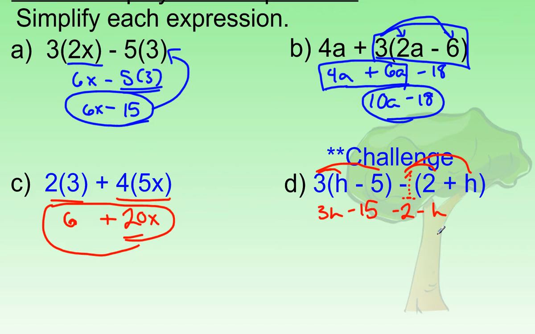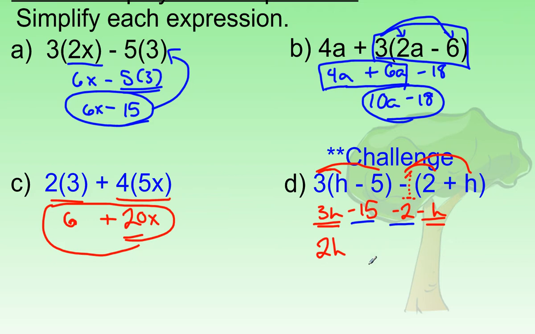Now, we can start combining some stuff together. We've got h's here and h's here. So I've got 3 h's minus 1 h. Remember, if there's no number in front, it's a 1. So 3 minus 1 gives me 2 h's. And I've got a minus 15 and a minus 2. Well, minuses and negatives are the same thing.